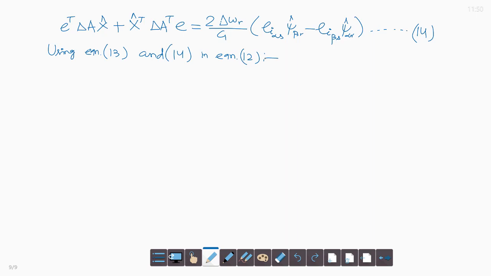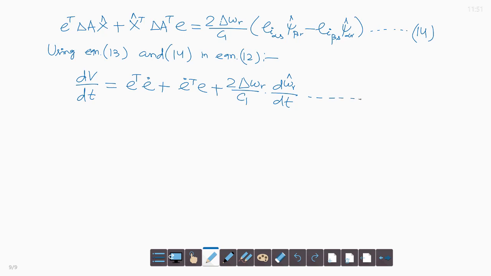Equation 12 gives the dV by dt. dV by dt is E transpose into E dot plus E transpose dot into E plus 2 into delta omega r by C1 into d omega r hat by dt. This is equation number 12 we have derived earlier from the Lyapunov function V.